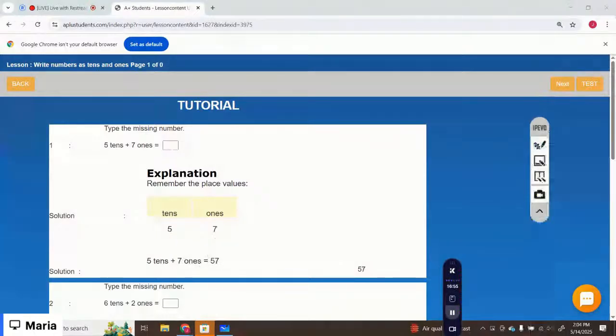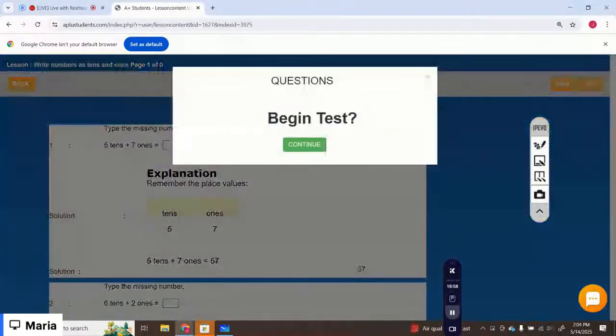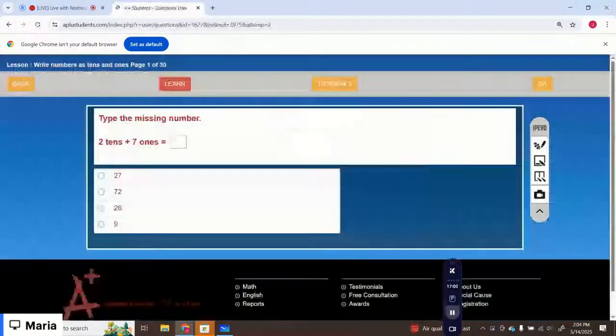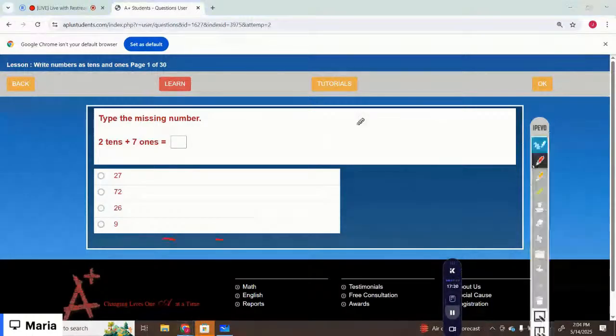Let's start with the test. Type the missing number: two tens and seven ones. Let's make the place value chart with ones and tens.